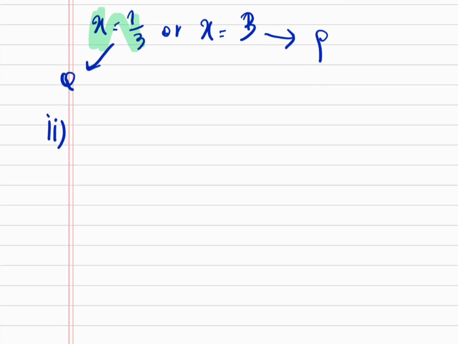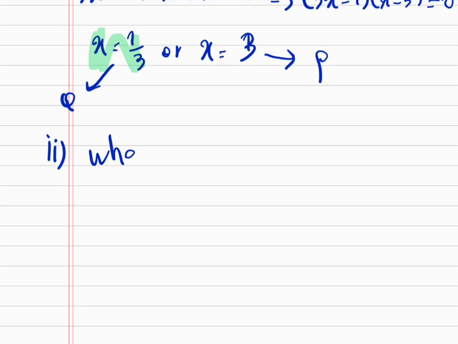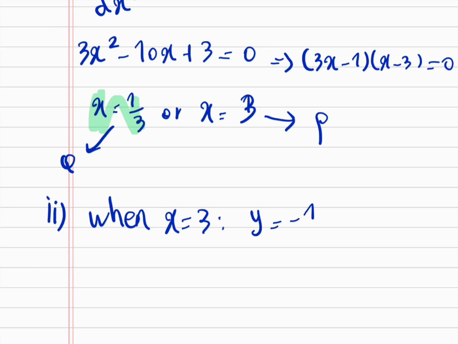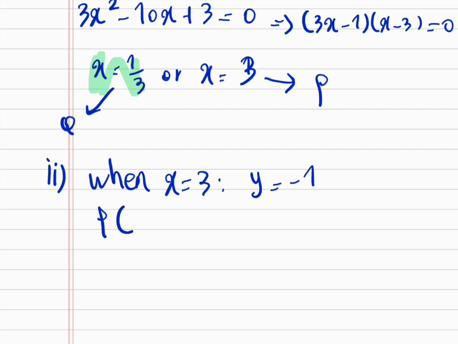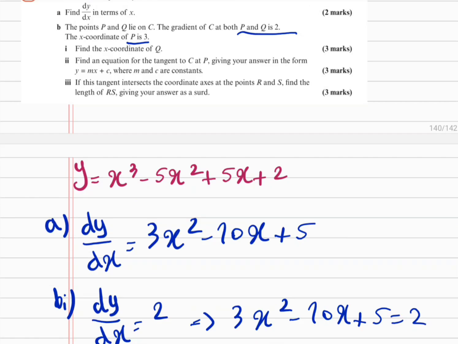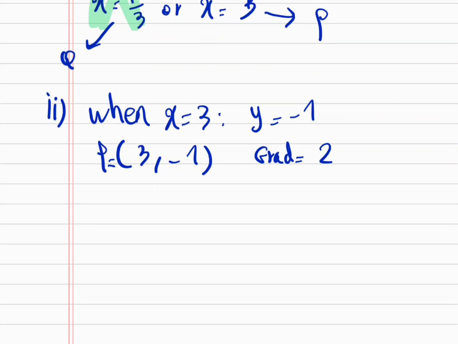So we first need to find the y coordinate of the point P. Point P has x coordinate 3, and so when x is equal to 3, y is minus 1, and so that's the y coordinate, which means point P has x coordinate 3 and y coordinate minus 1.